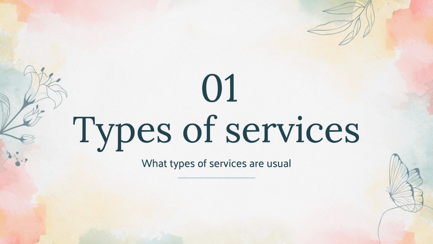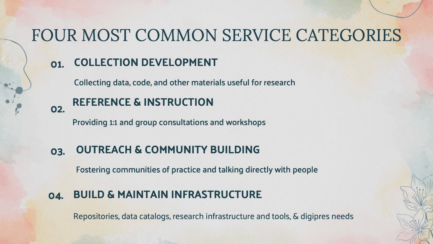So now let's go on to the types of services that are most commonly provided around data in GLAMs, in galleries, libraries, archives, and museums. The first is collection development. So this is literally collecting data, code, software, or other useful platforms or materials to be used in research, teaching, and learning. Reference and instruction, like 90% of what I do, I feel like, is reference and instruction.